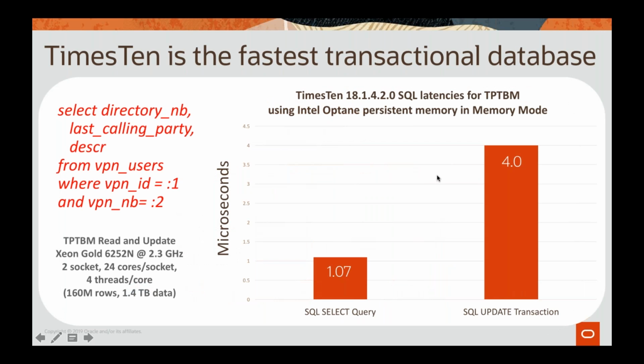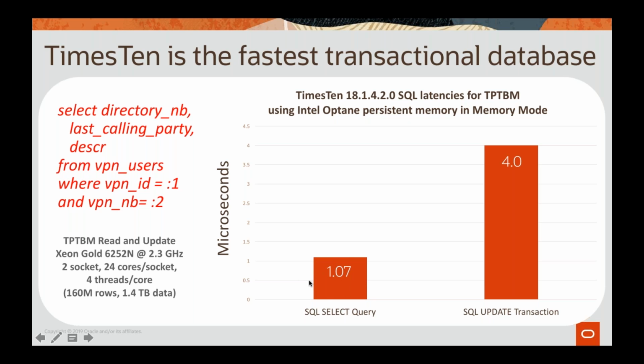So as an example of performance, I'm going to be talking about latency and throughput. So in this case, I'm using the latest version of TimesTen with Intel Optane persistent memory in memory mode. So doing this SQL select based on primary keys, we're doing that in just over a microsecond. And we're going to look under the covers to see what's really going on there.